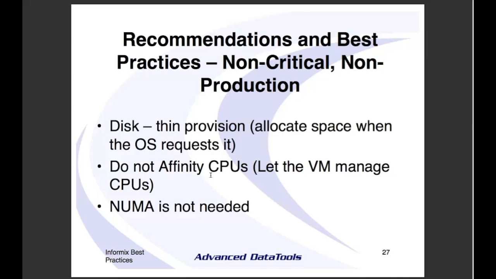If you start affinitizing CPUs, then you're saying VM, tie this VM to this CPU and don't share it. That you want to save for your production ones. So this is key for non-critical, non-production. I actually think you ought to keep them on a separate box from your production VMs.